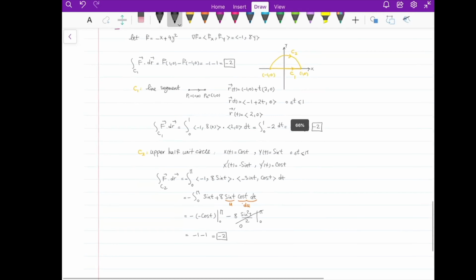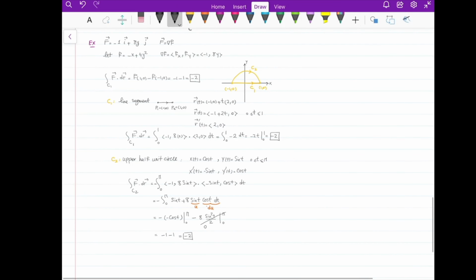Now let's see what we have. We go from negative 1, 0, which I'll call P1, to this point, which I'll call P2. Going from P1 to P2 along C1, I get negative 2. Along C2, I get negative 2, as you see. If I consider C as a closed curve, to close it I'm going to go along C1 and then negative C2.